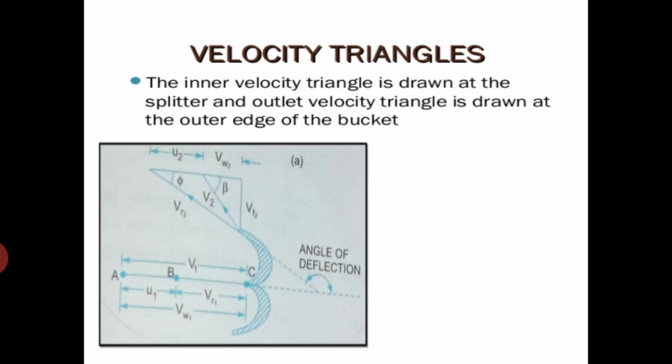So this figure shows how the velocity triangle can be drawn for the Pelton wheel bucket, and this shows the side view of the bucket.